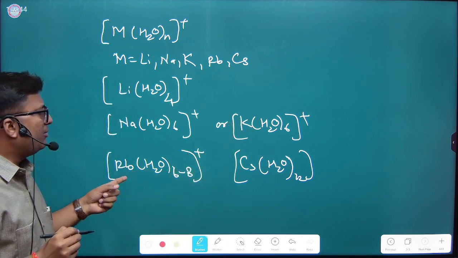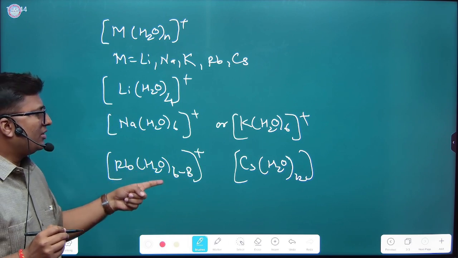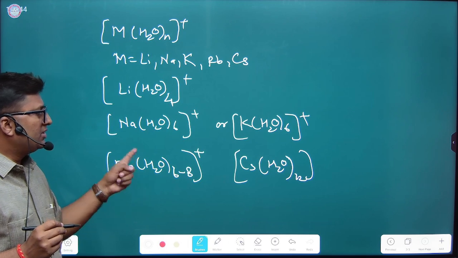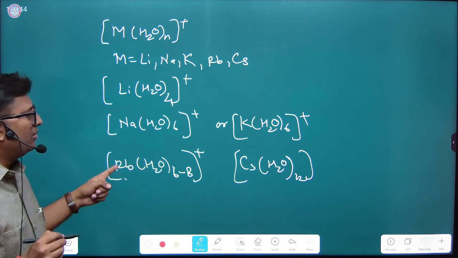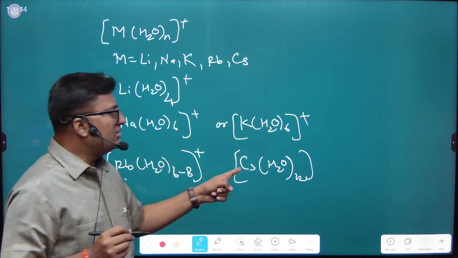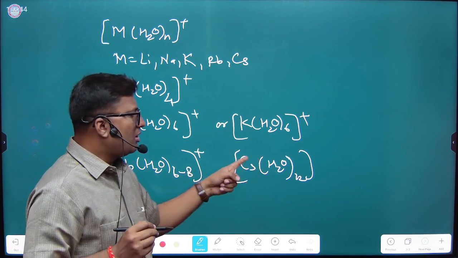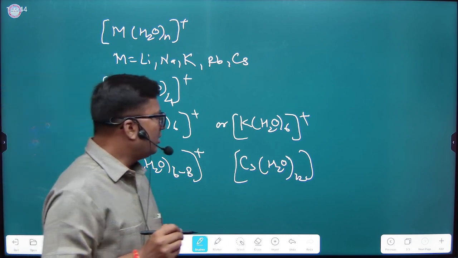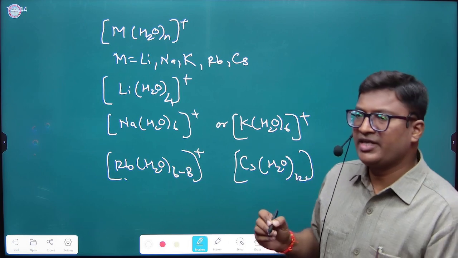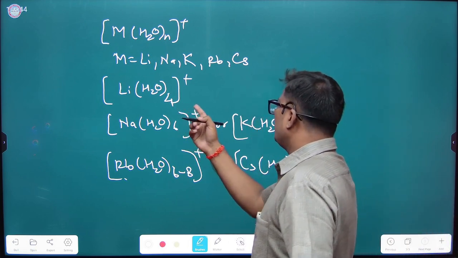But in the case of rubidium there are 6 to 8 H2O molecules, minimum 6 and maximum 8. In the case of cesium, 12 H2O molecules surround the cesium cation. What we infer here is that this is called the coordination number.